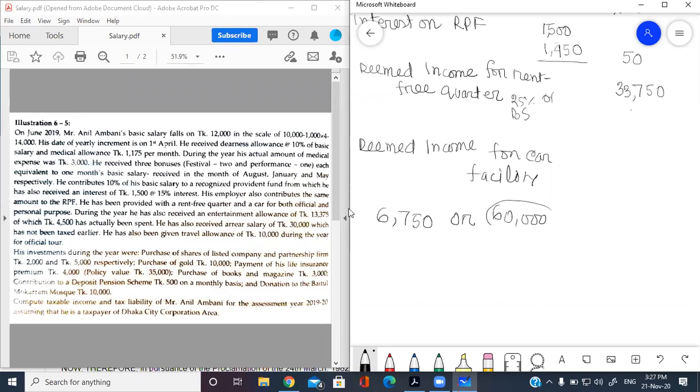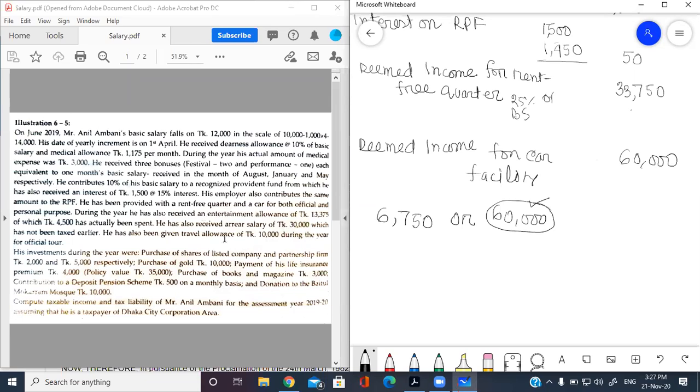This number you need to memorize for your exam purpose because this number has been given in the tax ordinance. But after your exam, you can check this number from the guideline or any other reliable source for your own tax calculation. So which one is higher? 60,000. Okay.